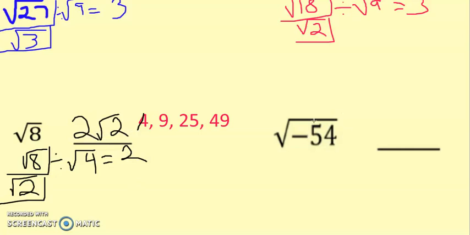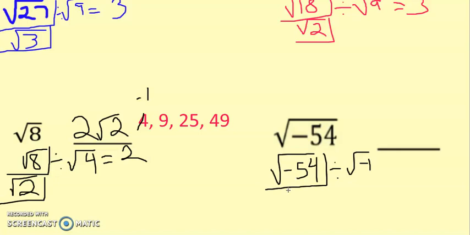Now let's look at the square root of -54. There's one more number that we could try to take out, and that's -1. We can take out a -1 here to make this a positive 54. We can also take out 9. 54 divided by 9 is 6.